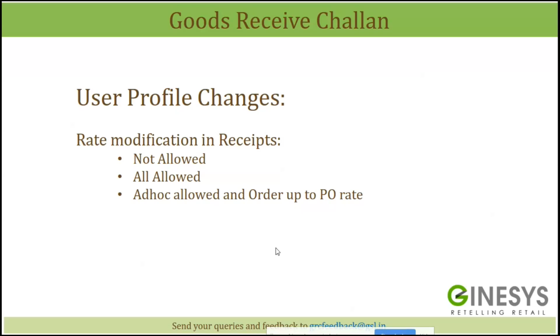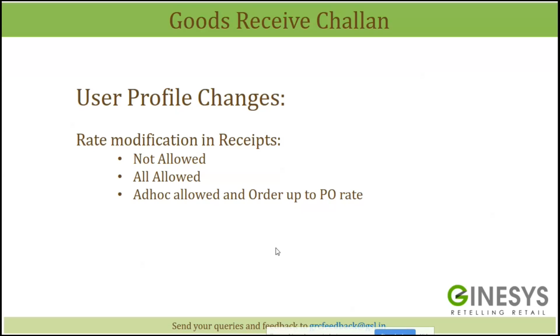But after updating good receipt challan to web, as we are having it in a single entry form, multiple options for rate modifications cannot be provided. So we have come up with a single option for rate modification in receipts.